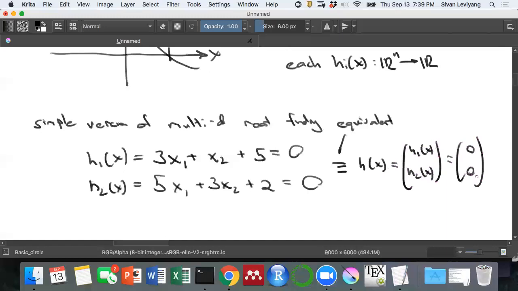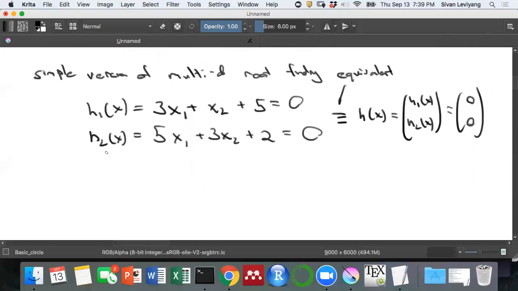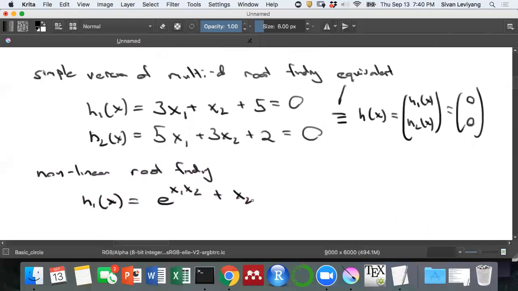A more complicated one is when the functions become nonlinear. So as an example, nonlinear root finding. If I do h1 of x equal to, I don't know, I'm just going to make something up.